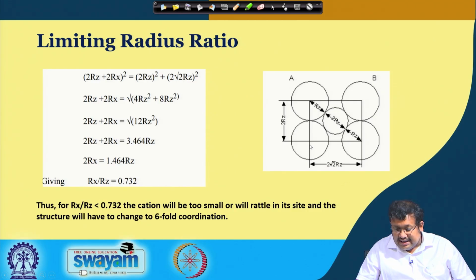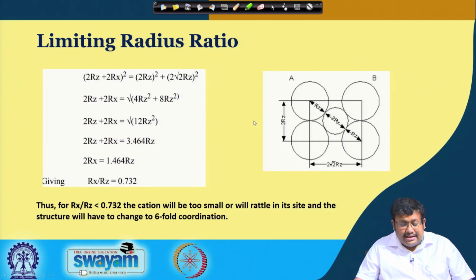If you see this picture, it will be clear that these are the 4 anions with the radius of Rz. So, the distance between these two horizontal lines is basically 2 Rz, which is the combination of their radii, and if we consider Rx as the radius of the cation, the total distance from here to here will be basically 2 Rx.